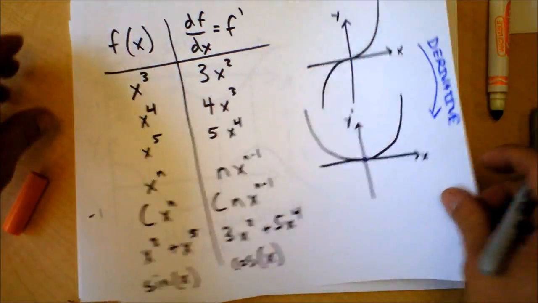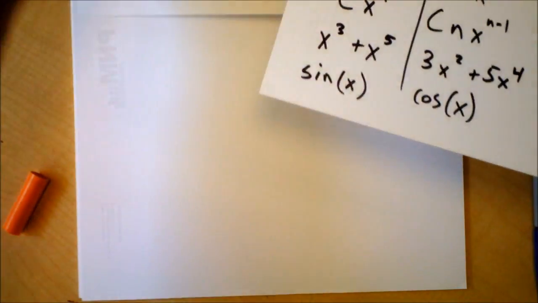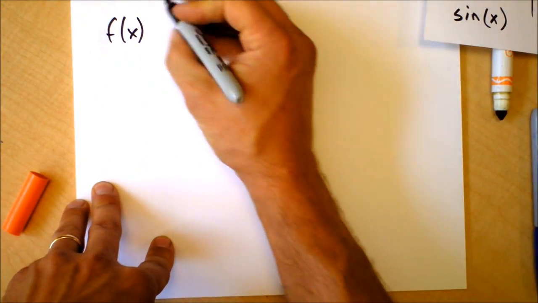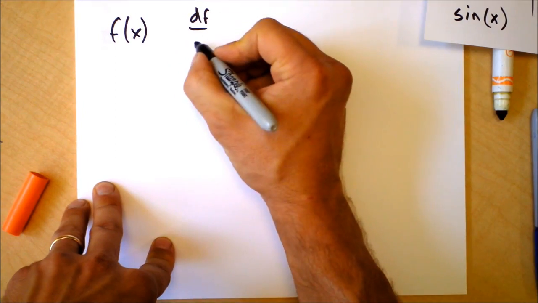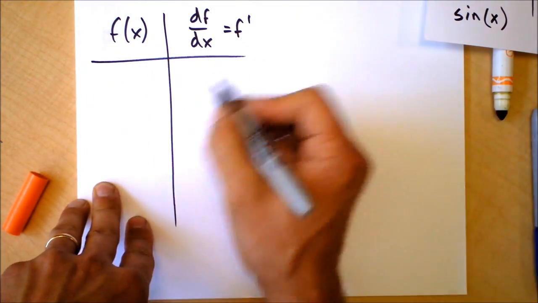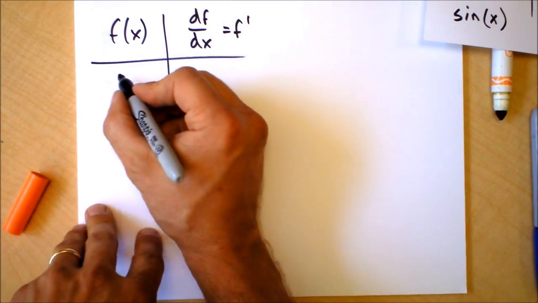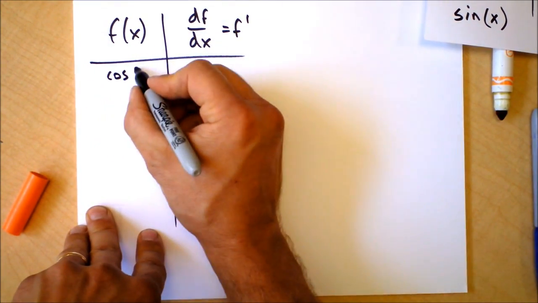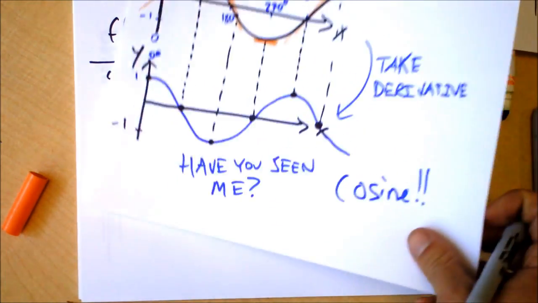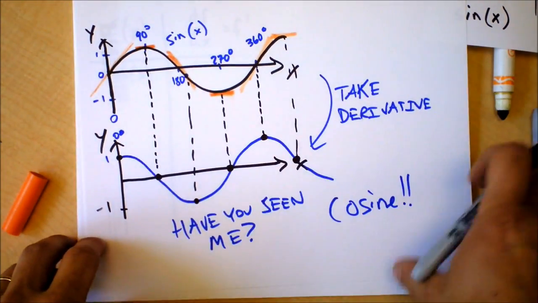We can do a couple more pretty easily now. Just get these down and then we'll be finished for the day, actually. df dx equals f prime. What if we have the derivative of the cosine of x? Look at this.